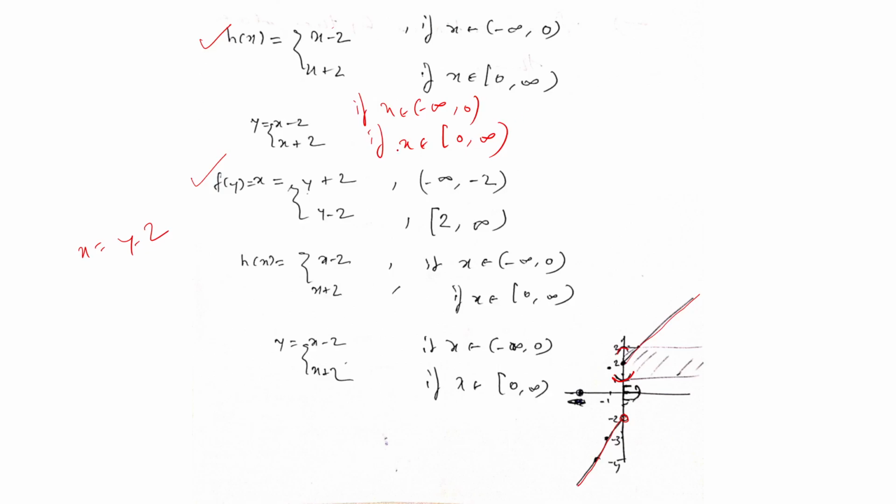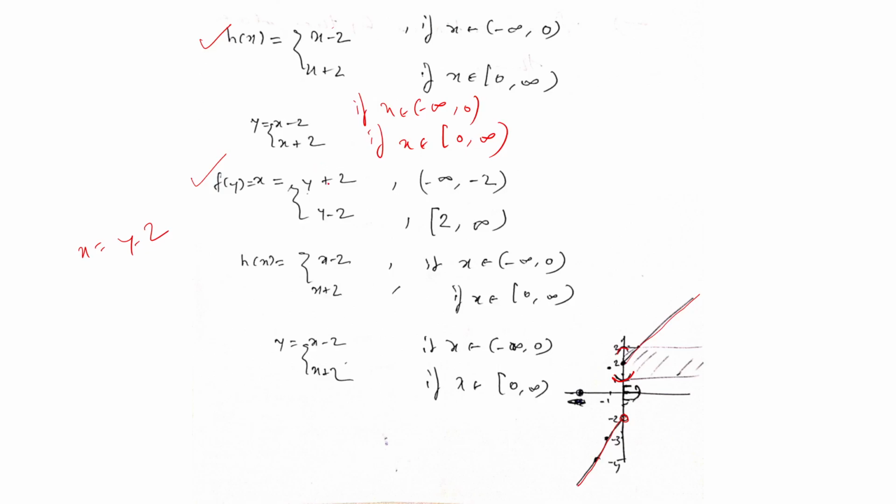Now, for taking the inverse, let us find its graph. If you plot it in the inverse manner, you will get f of y equals x, that is y plus 2 for minus infinity to minus 2, and y minus 2 for closed 2 to infinity.